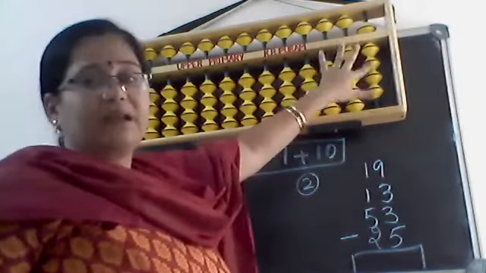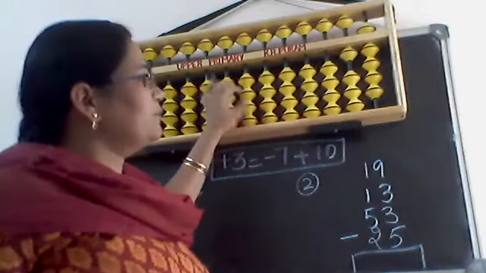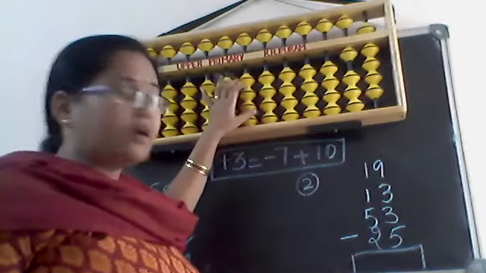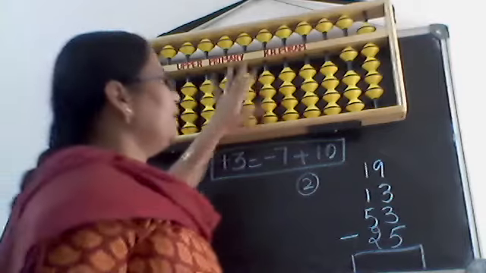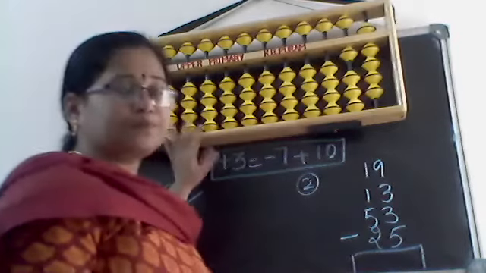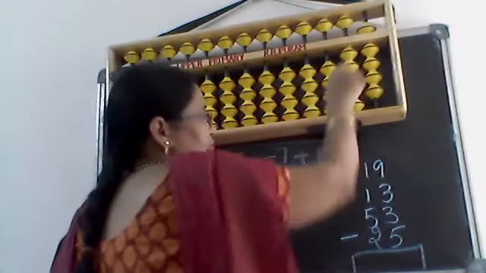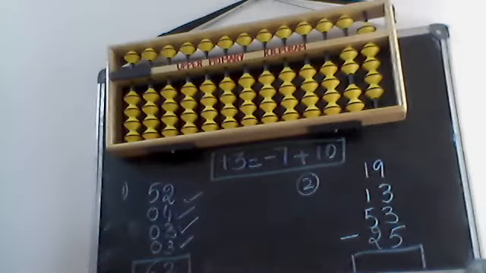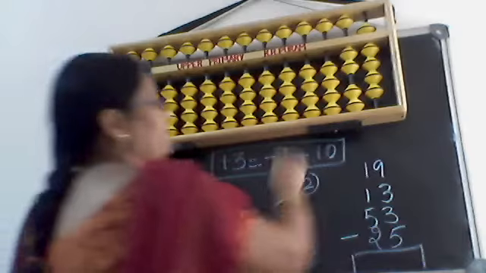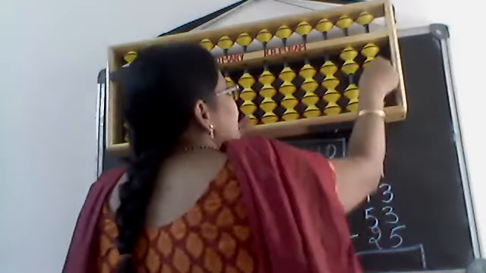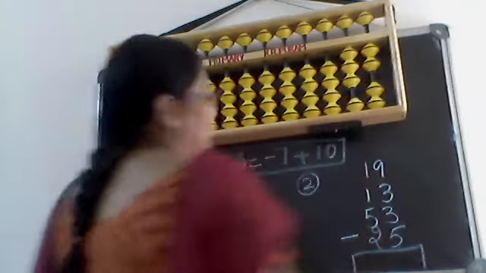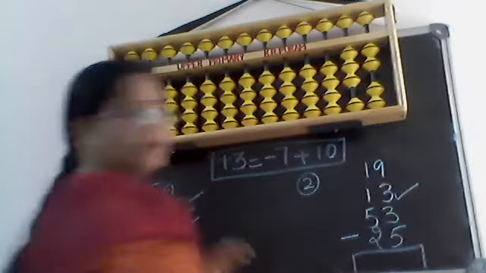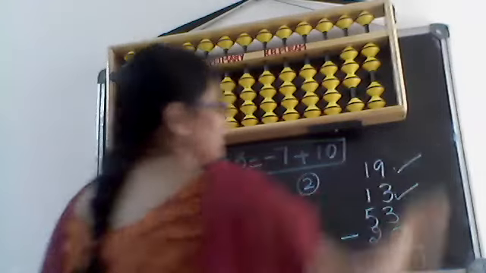So 1 and 9. How do we write 13? 1 and 3. Is 3 there? No. So 10 in ones place. For the 3, it is minus 7, 5, 6, 7 and plus 10. So 13 is done. 19 is done.